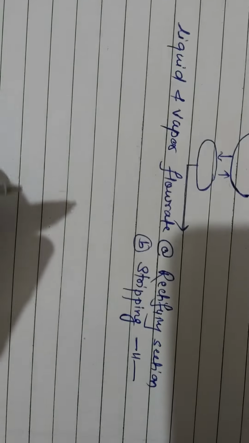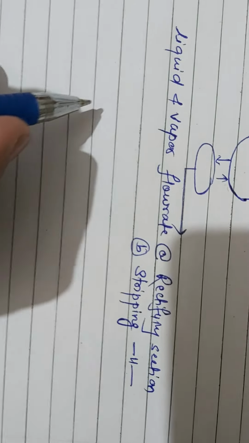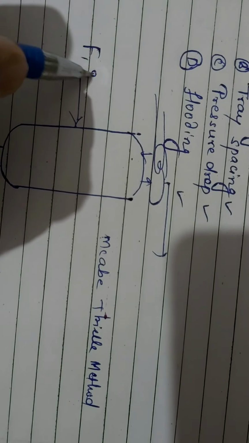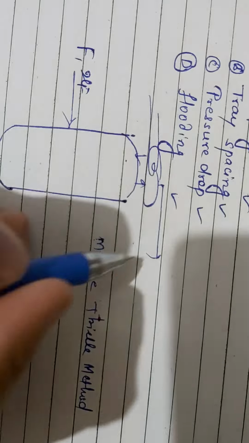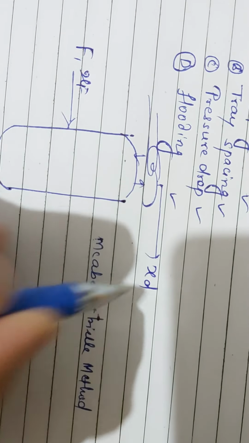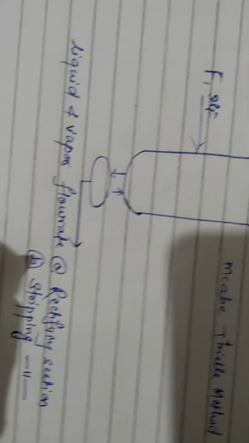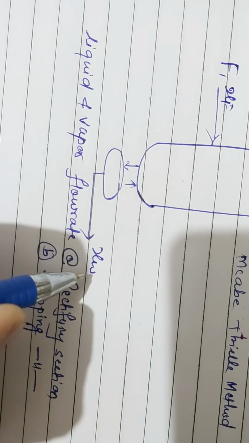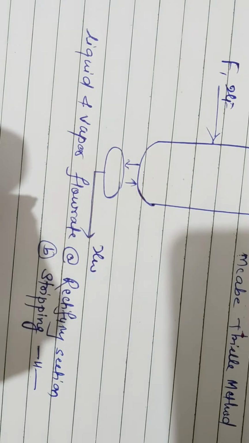The typical way it is given is you have been given the flow rate, you have been given XF, you have been given XD, and you are told what is expected at the bottom, XW.